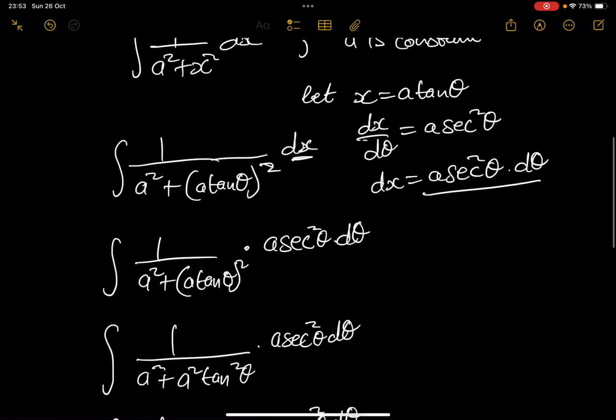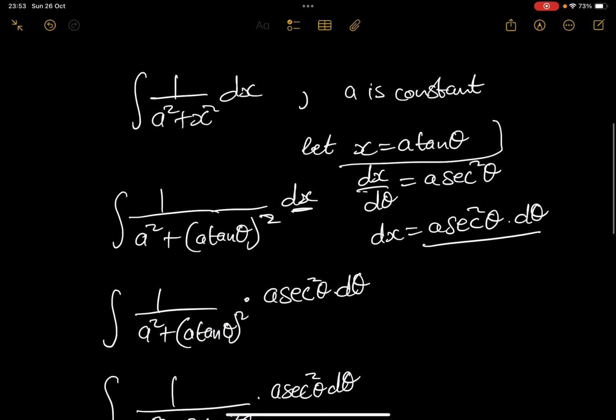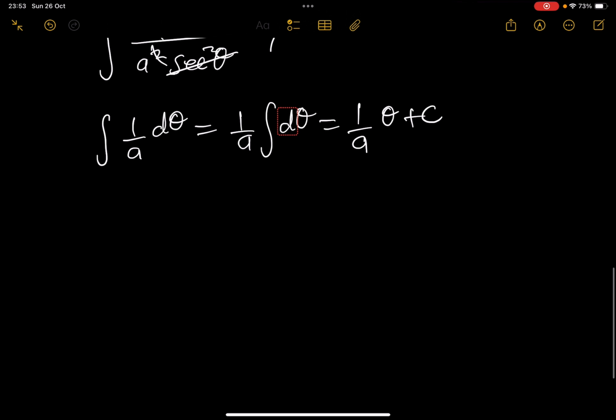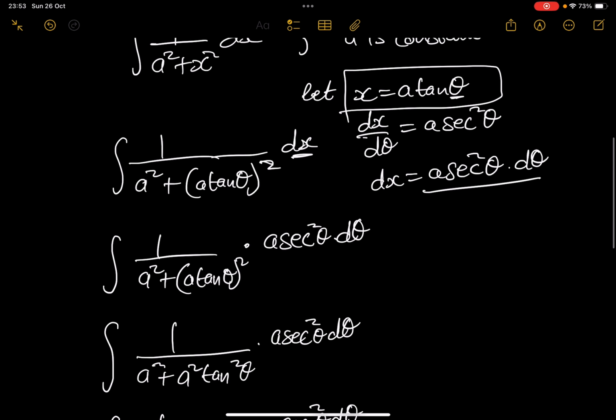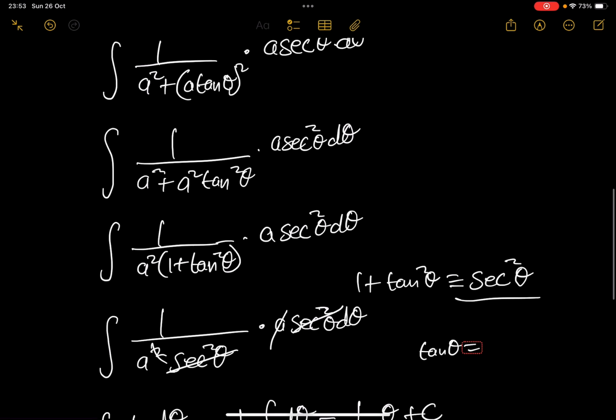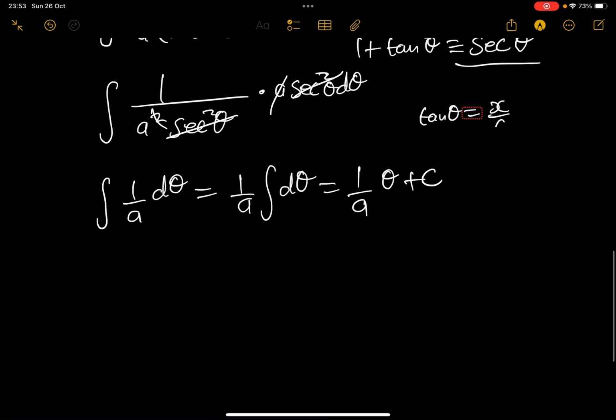But then we come back to this expression. We want to make theta the subject of the formula. So tan theta is equal to x over a. Therefore, theta is equal to tan inverse of x over a.